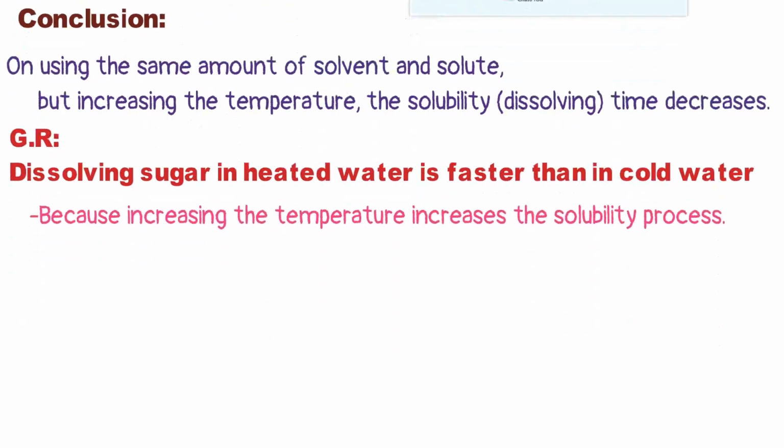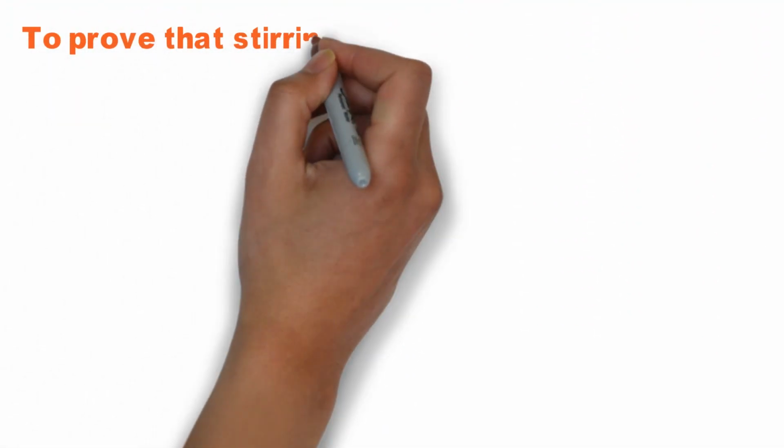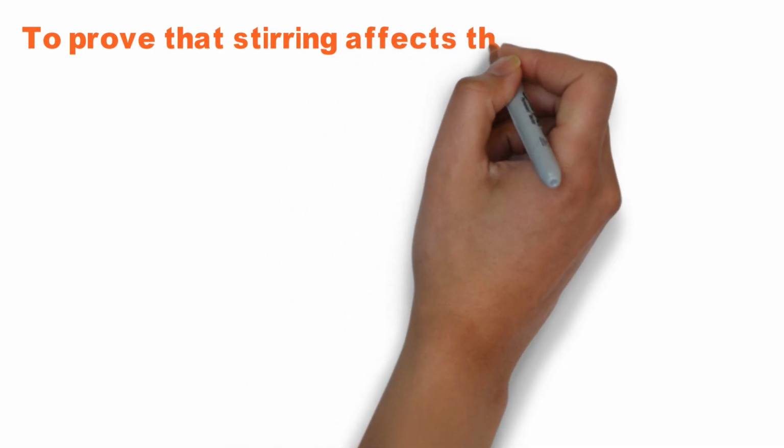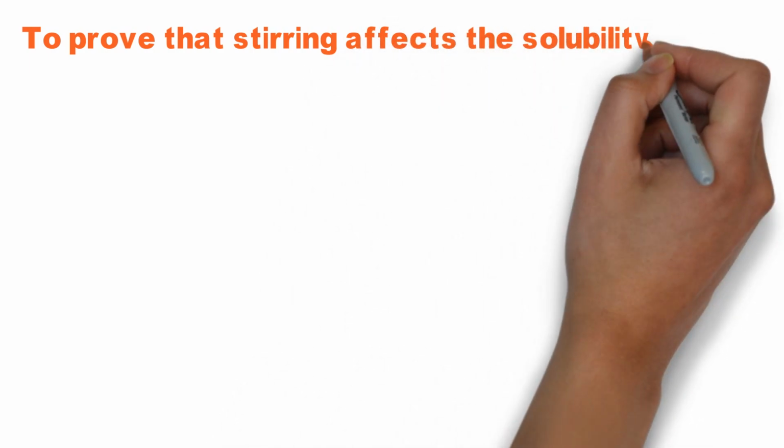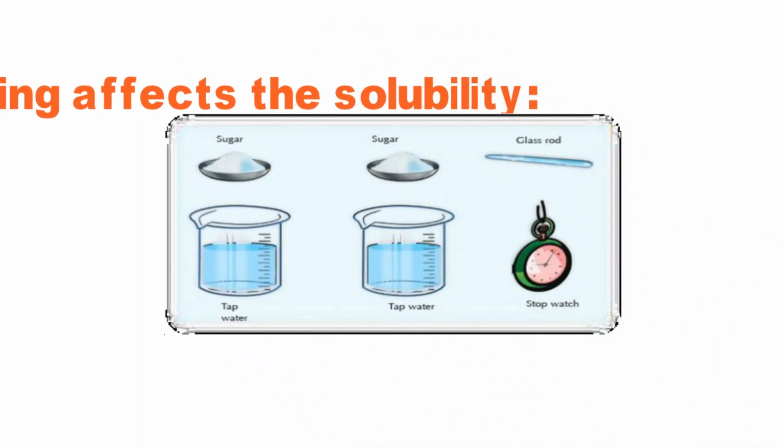Let's go to the third factor, stirring. Stirring affects the solubility process. We have two beakers containing the same amount of water, and we will put in them the same amount of sugar. And we have here a glass rod, and we will stir one of them, with a stopwatch, and let's observe what will happen.